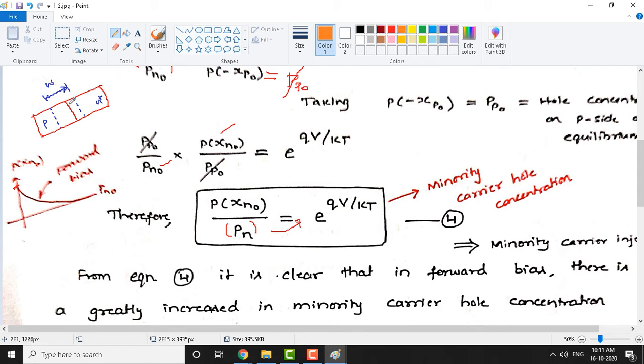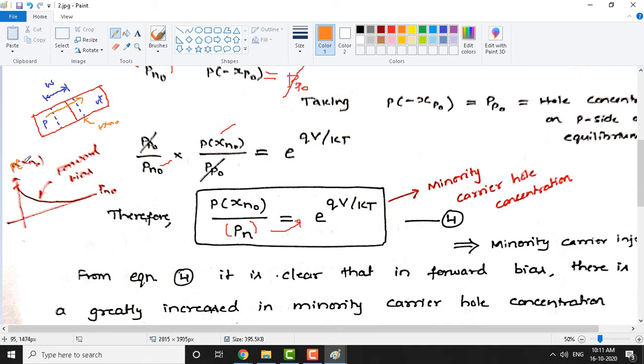Now let us see the injection of charge carriers. We are interested in minority carriers here. When holes move from the p side to the n side, they are injected into the n side. I am talking about minority carriers in this neutral n region, the holes which have entered it. At the edge of the depletion region, which is plus xn0, this is P of xn0.